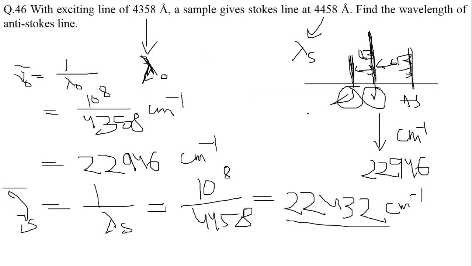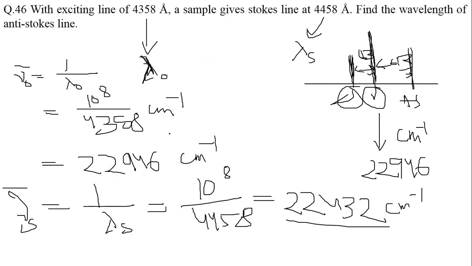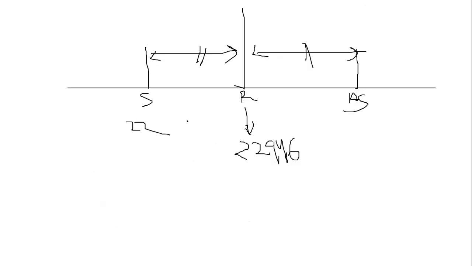So what we found here, the Rayleigh line is 22946 centimeter inverse, and the Stokes line is 22432. So what is the separation between them?